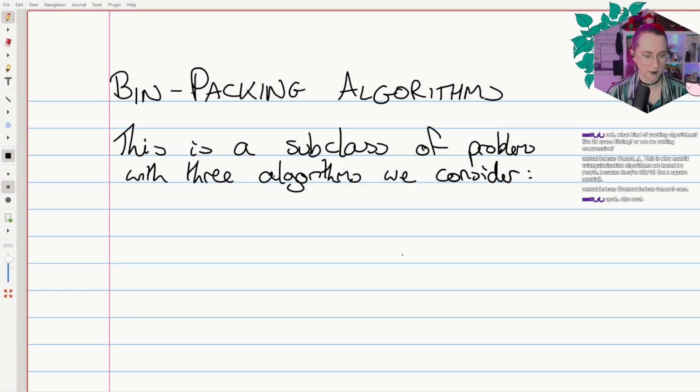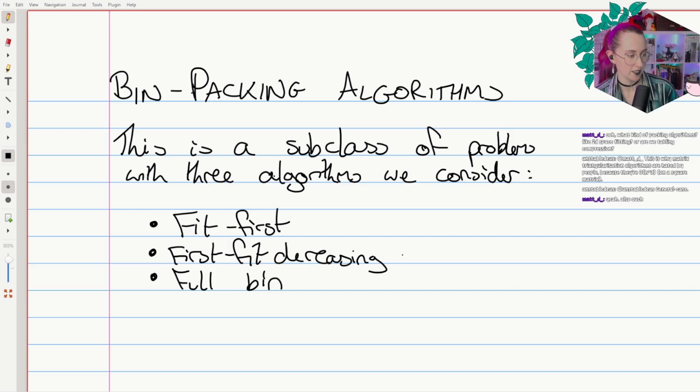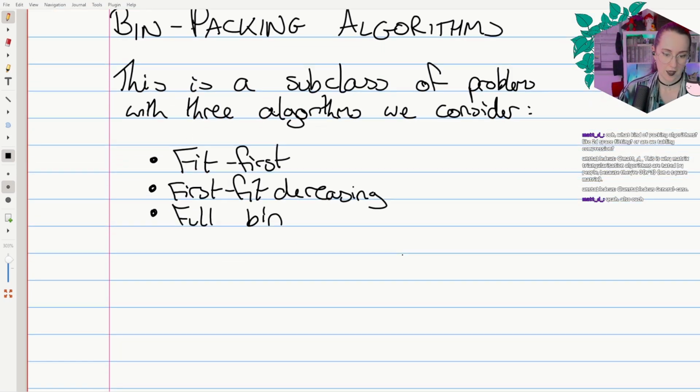The ones that it makes us look at are first fit algorithms, first fit decreasing algorithm, and full bin. I've just realized that doing dashes as points is a terrible idea when there's so many hyphens in this. And I'm hoping that these will make sense in a minute.